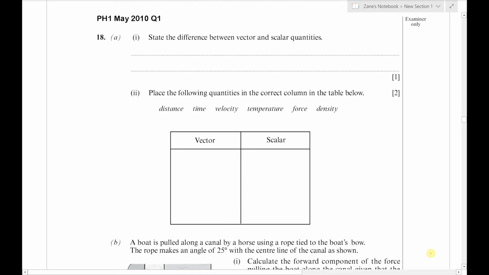So we could simply here say that vectors have direction, scalars don't, because you're just asking for the difference. Of course, a full answer like vectors have size and direction, scalars don't is also perfectly acceptable.